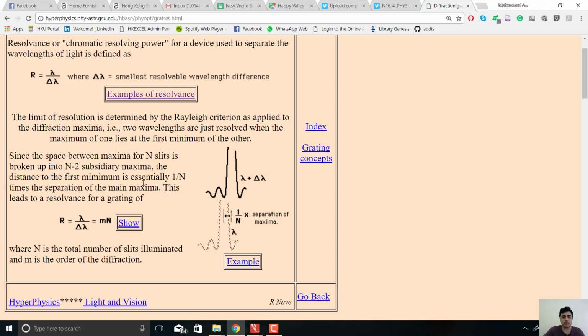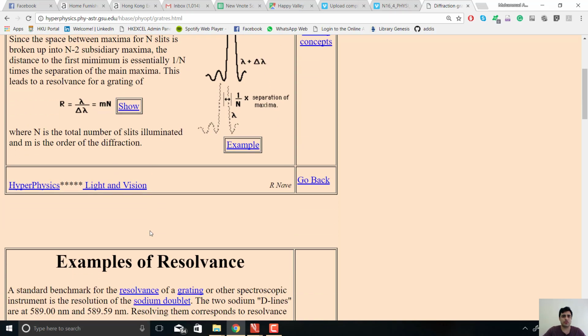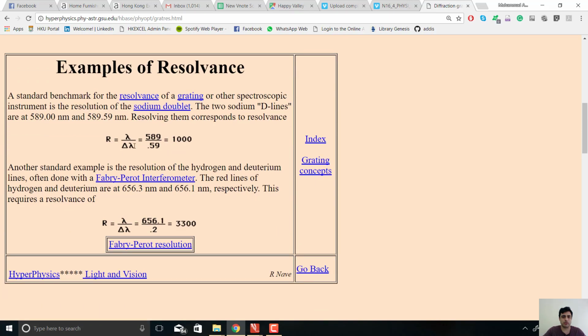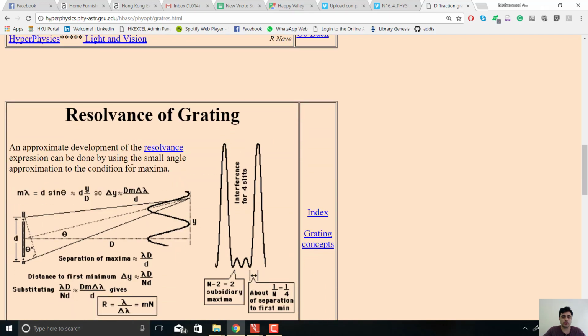This leads to a resolvance of a grating: R equals wavelength divided by change in wavelength equals m times N. m is the order of the diffraction, in our case it is 2, and N is the total number of slits illuminated, in our case it is 100. I do encourage you to check out this website, Hyperphysics, read this page, see some examples on resolvance and how to do them, and practice some questions from here too.